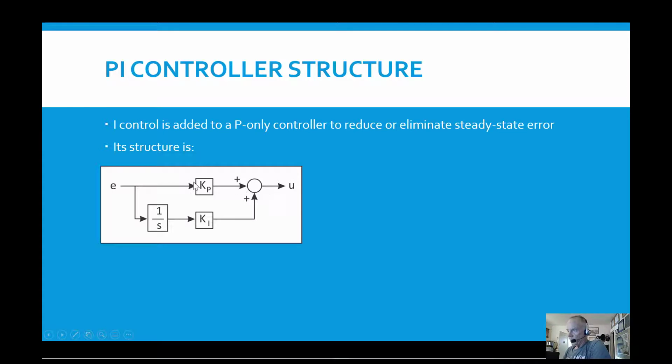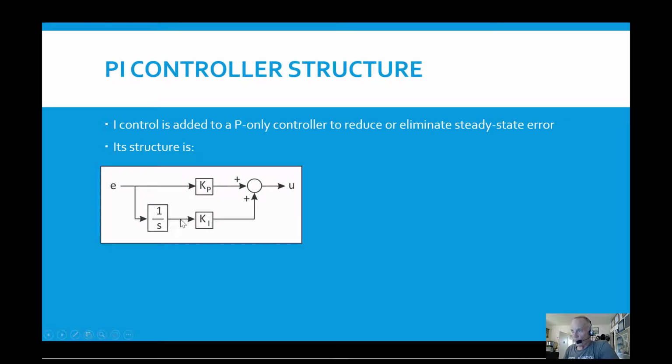The way that a PID controller, or a PI controller, is structured is you have a P path and you have an I path. So what happens is we get the error and feed it directly into the proportional gain of the controller, and it produces what's called a proportional action. Here, and I don't want to go into detail because I covered it elsewhere, we get the error signal and we integrate it.